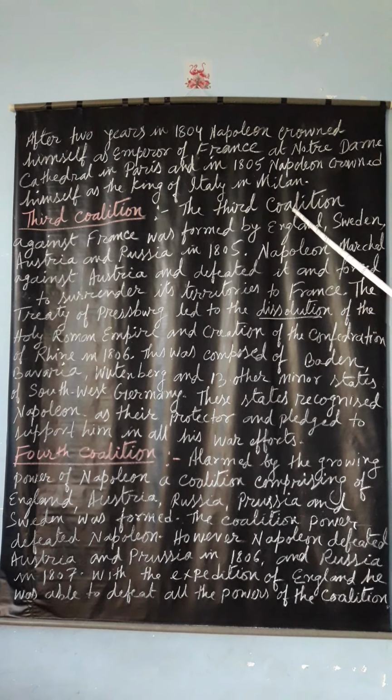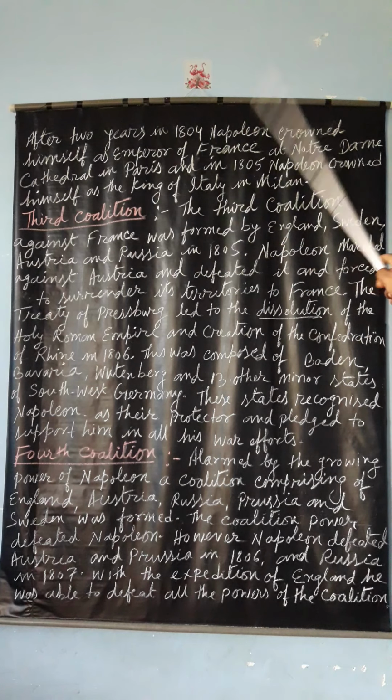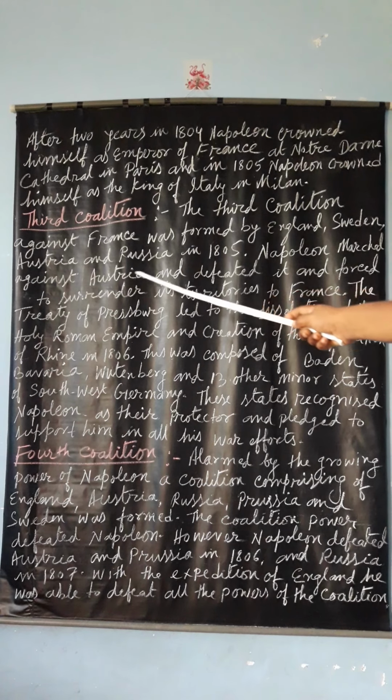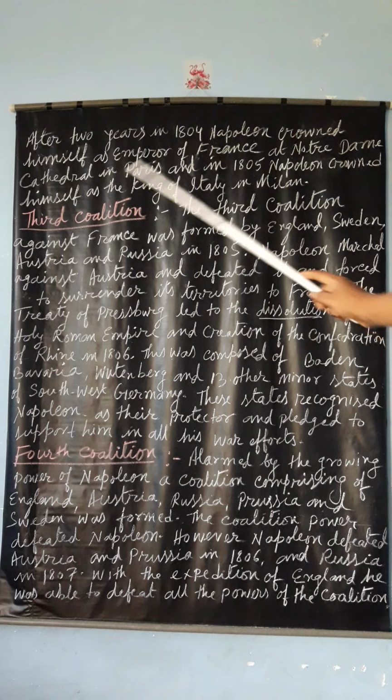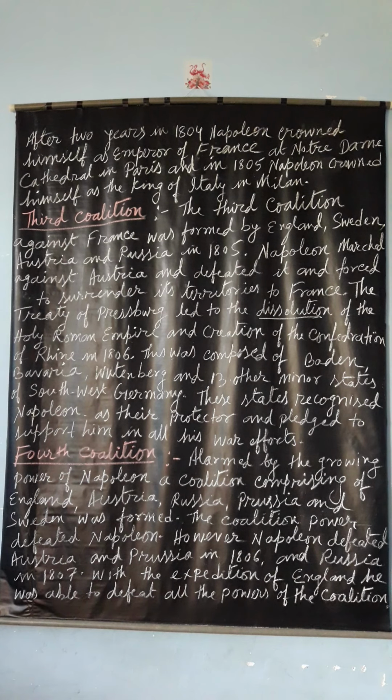The third coalition against France was formed by England, Sweden, Austria and Russia in 1805. Napoleon marched against Austria, attacked and defeated it and forced it to surrender its territories to France.